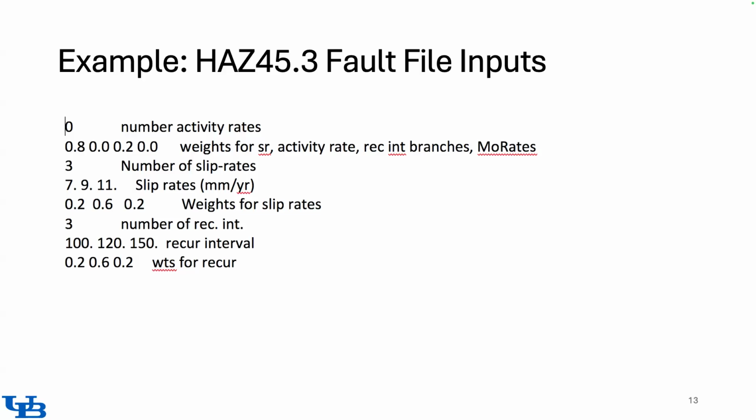And then you define how many possible values of slip rate you have. So it can be 7, 9, and 11 millimeters per year, and the weight associated with each of these values, or the recurrence interval that you have. So this will be 100, 120, or 150 years, and the weight that goes with each of these numbers.